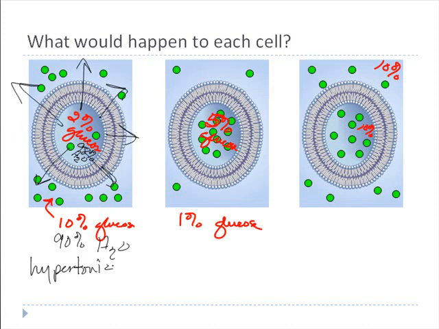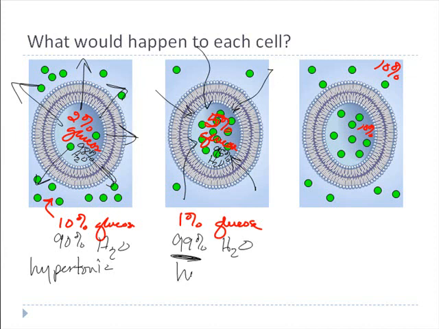Okay, in the second scenario, you have 5% glucose inside. That means it's 95% water inside. It's 99% water outside. Again, if glucose cannot move, then water has to be the molecule that moves across the plasma membrane. Water is in higher concentration outside at 99% compared to 95% inside, which means water is going to move into the cell, causing the cell to swell up.